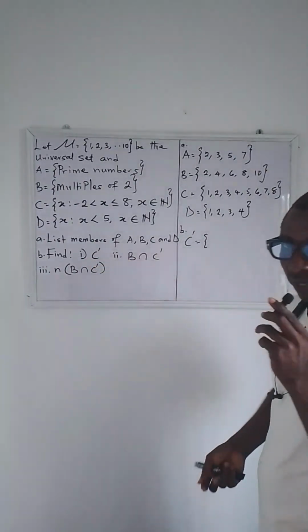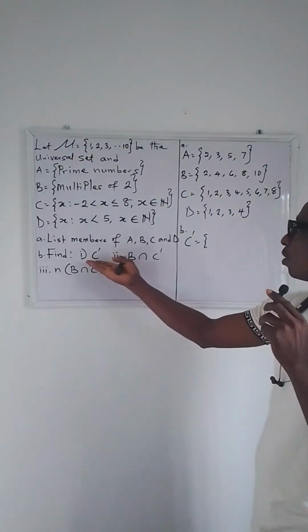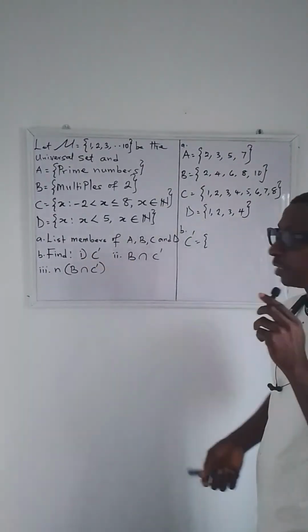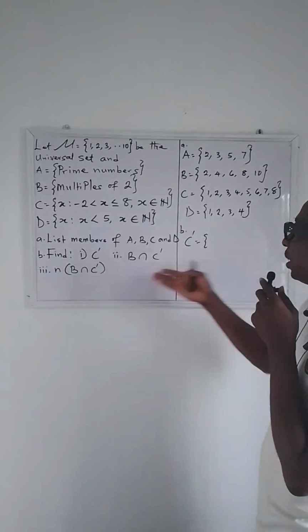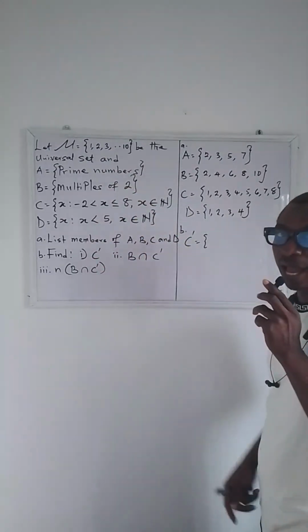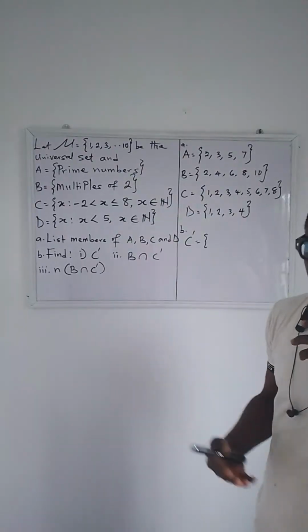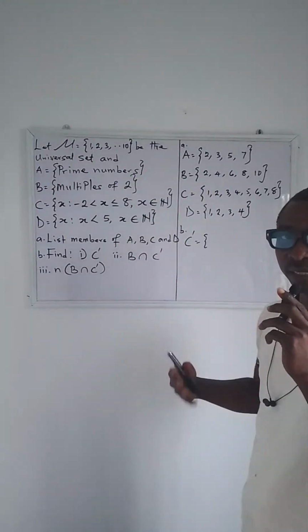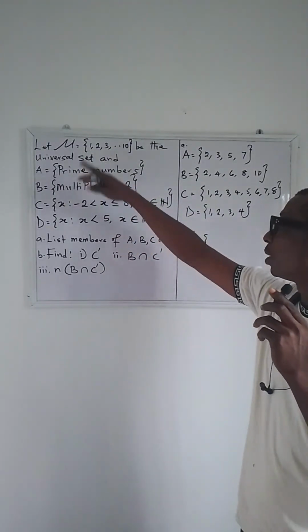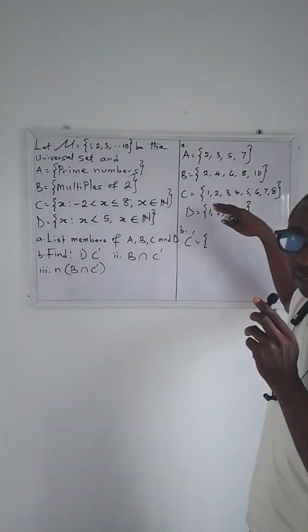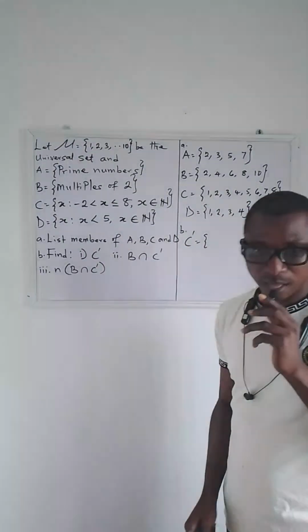Now can you please tell me the complement of set C? I want you to begin to drop your answer, using the definition I just gave you. Can you list the complement of set C? I said complement of set C are those elements in the universal set that are not in set C. I'm waiting for your answer.